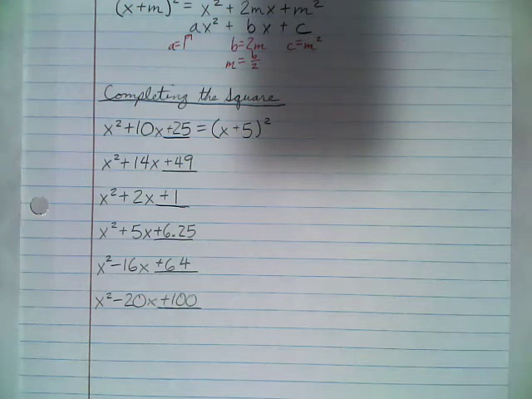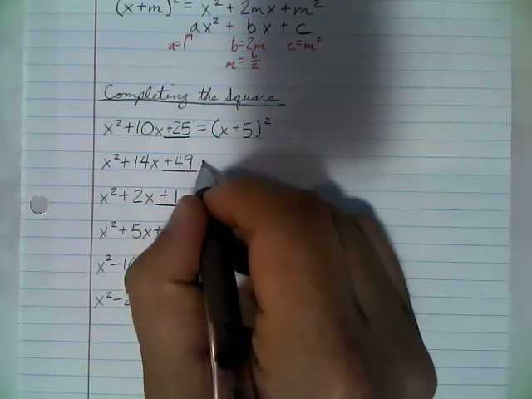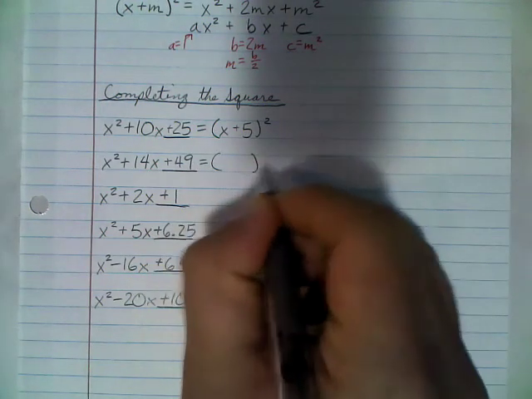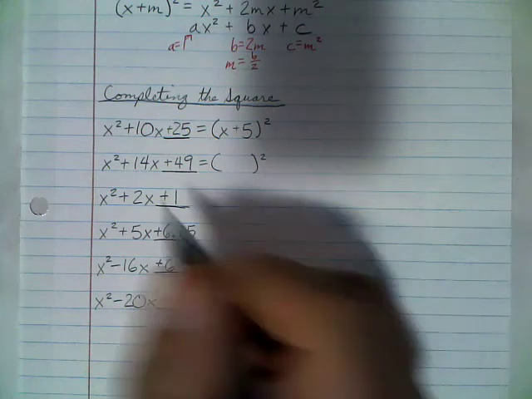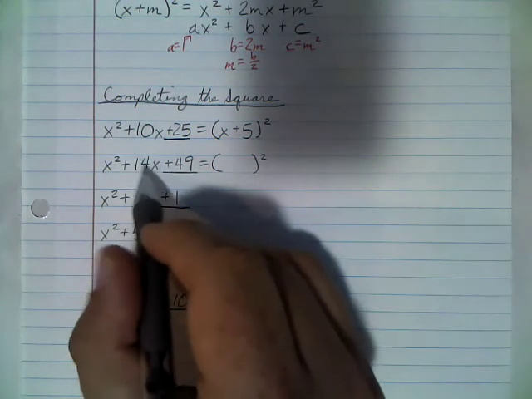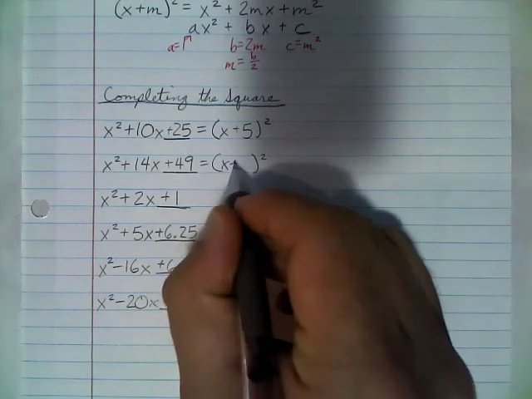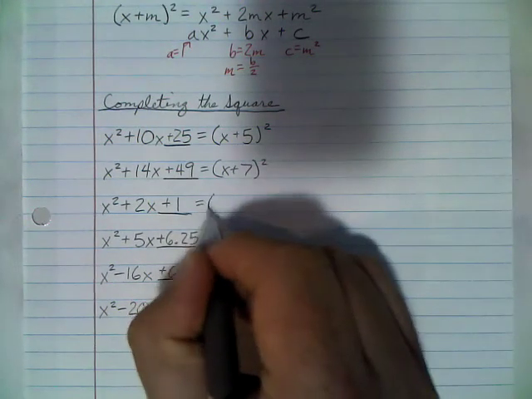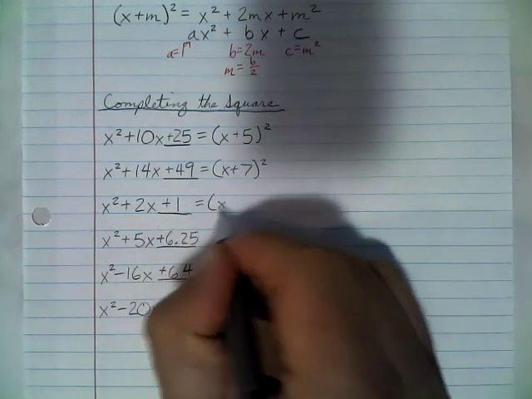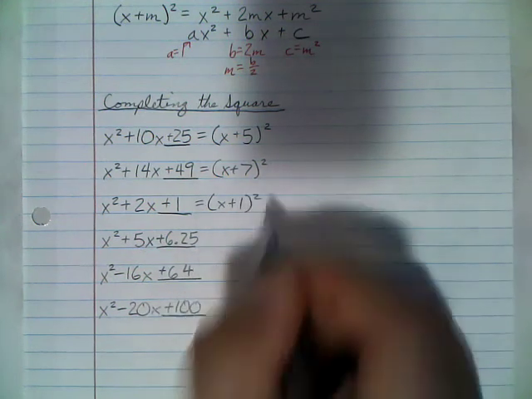And that is completing the square. Now remember, in the end, we should be able to turn these back into a binomial squared. So if you remember that divided by 2 number, so 14 divided by 2 is 7, this must be x plus 7 squared. This here, 2 divided by 2 is 1, so this must be x plus 1 squared.